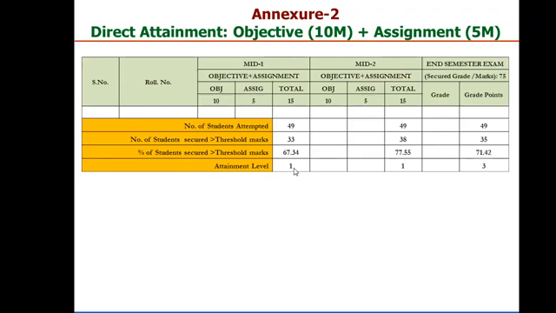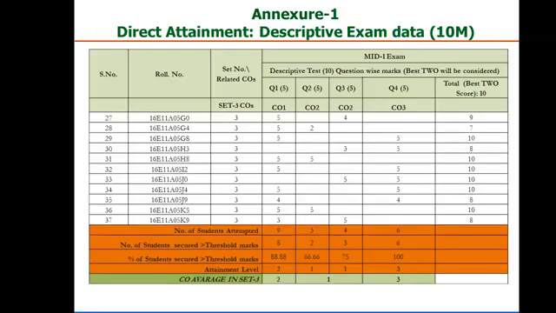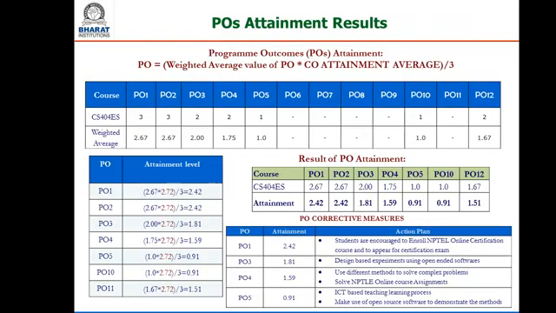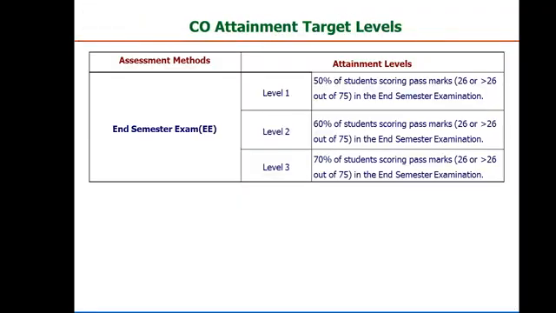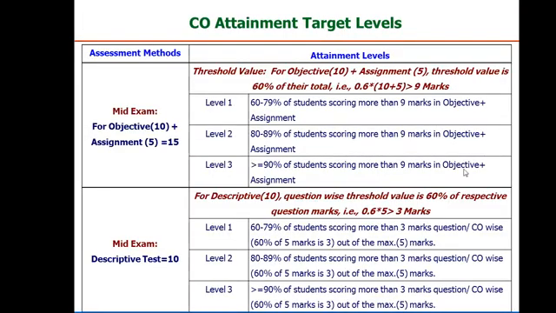You can go back once and see the target levels for objective plus assignment. Here you can see objective plus assignment. So there we got 67. 60 to 79, 10 plus 15, greater than 9 marks. So it is related to level 1.